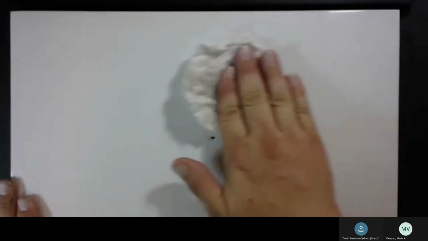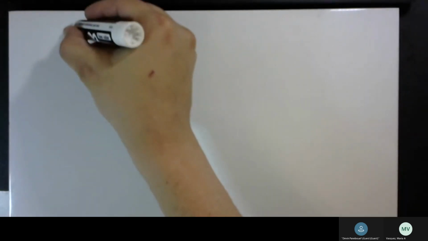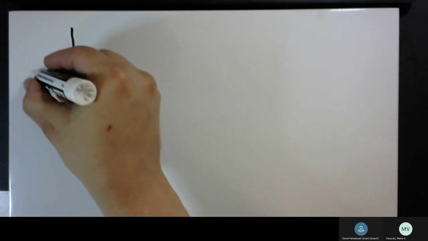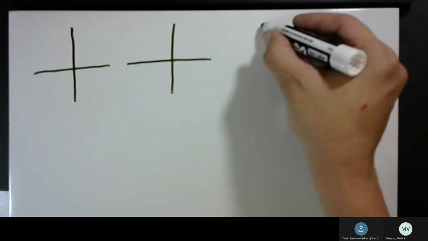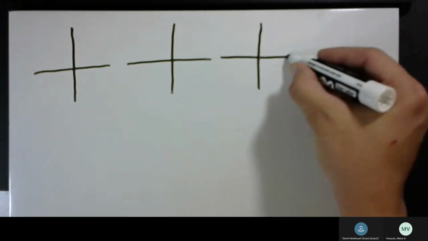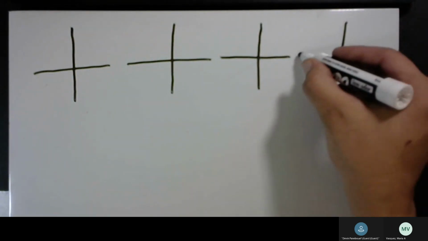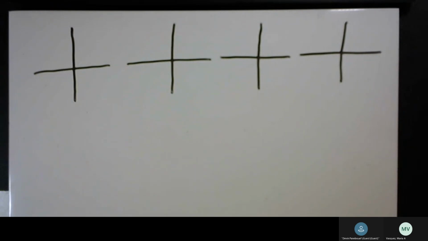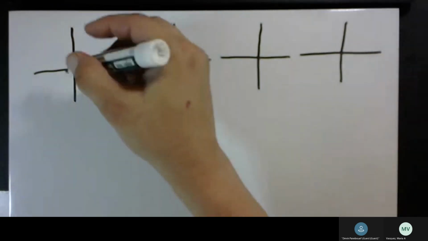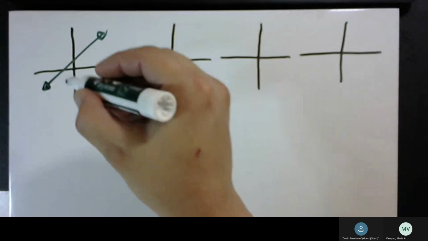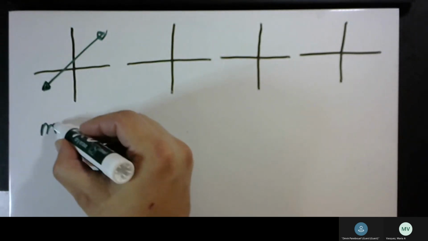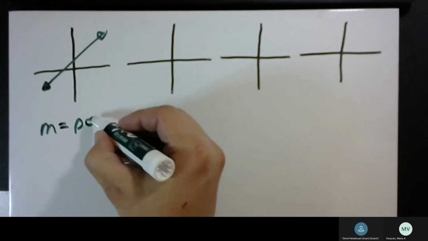So this is something to mention with slopes. When a line is like this, the slope is positive.